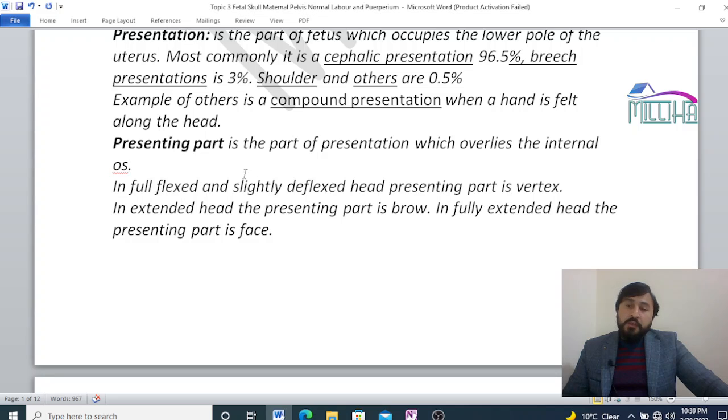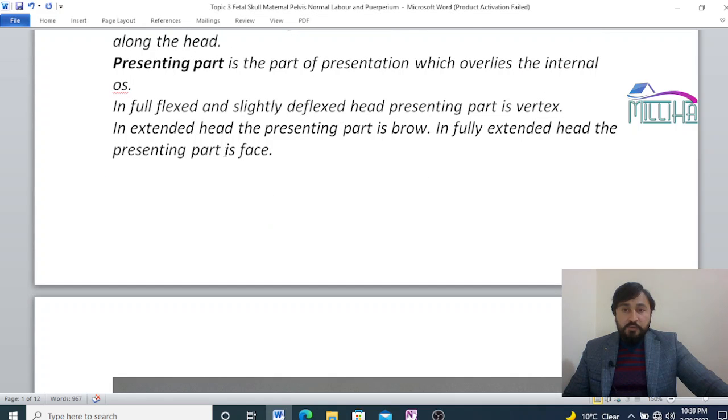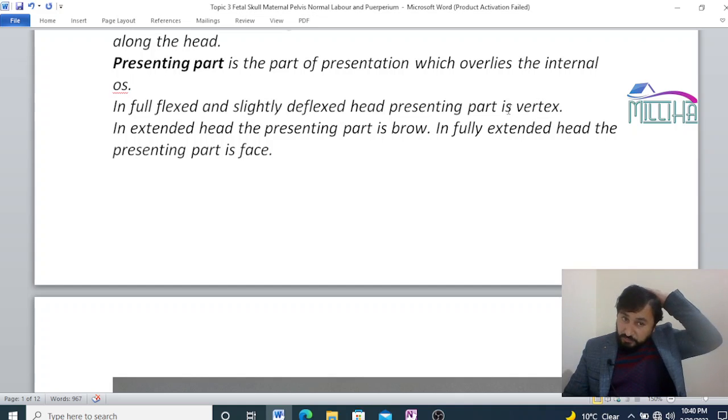Presenting point. What is presenting point? Again, a small part of the presentation is called the presenting point. It is the part of the presentation which overlies the internal os, that is called the presenting part. In a fully flexed and slightly deflexed head, the presenting part is vertex. What is vertex? This part is called vertex.